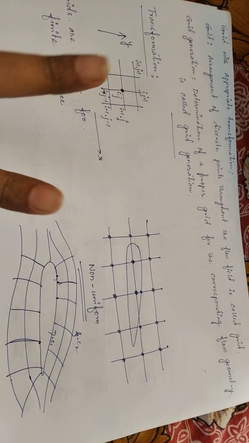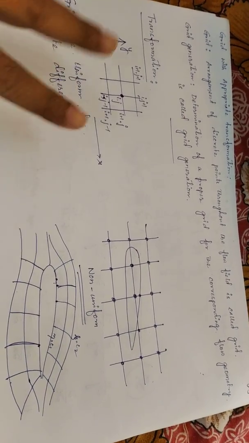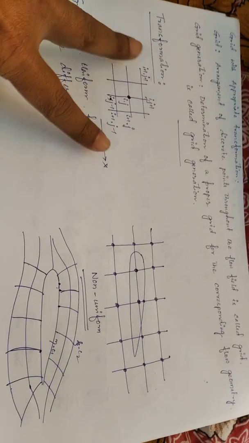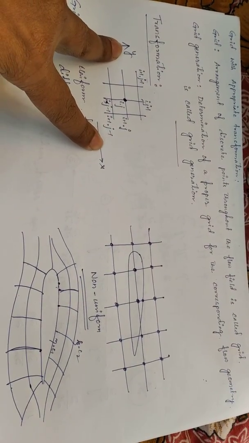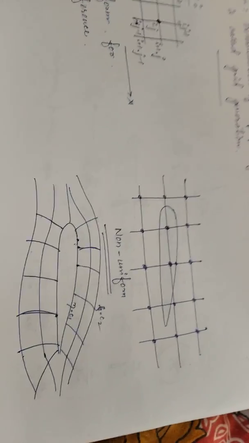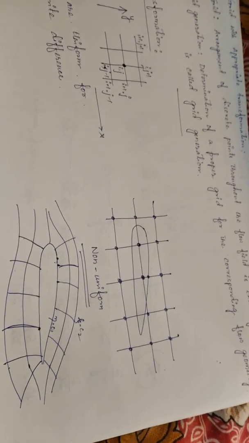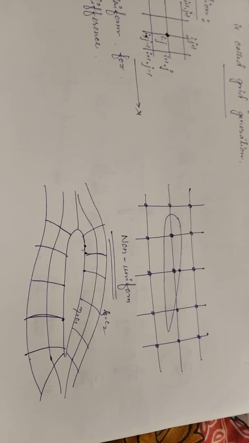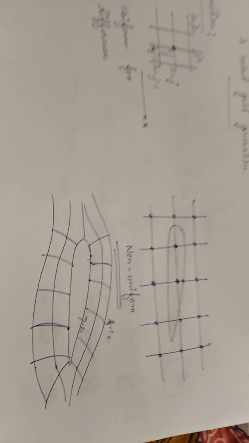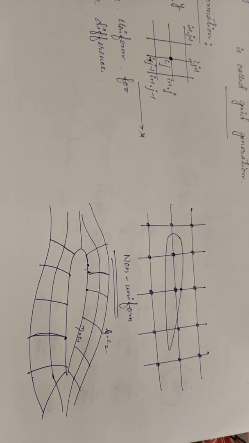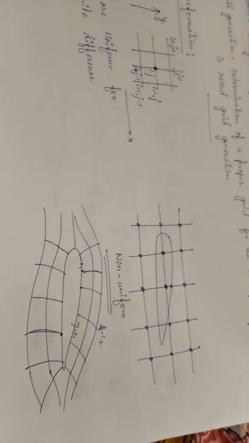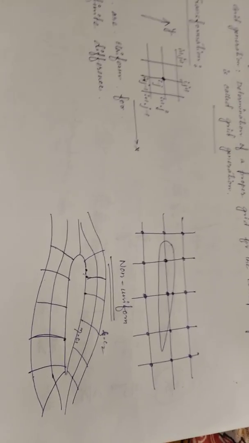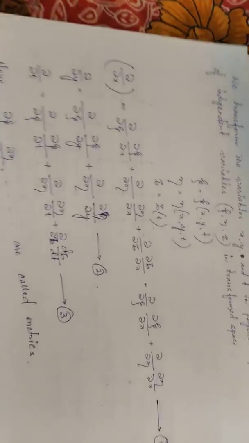So you have to define a transformation between the original independent variables and the new independent variables xi and eta, such that the non-uniform grid becomes a uniform grid. For this lecture it is not necessary to see how it becomes uniform. Today we will just see the transformation. In the next class we will see how it becomes uniform.